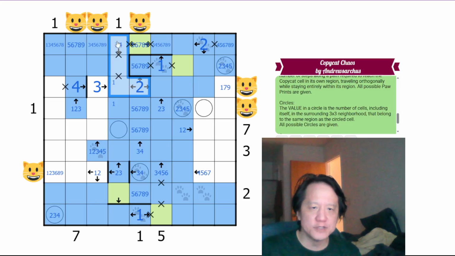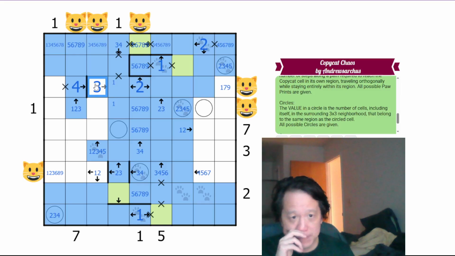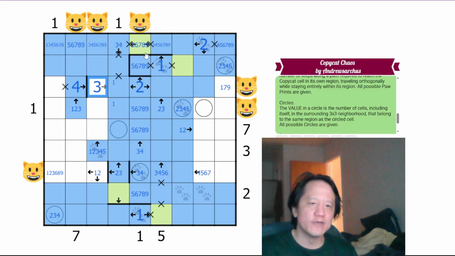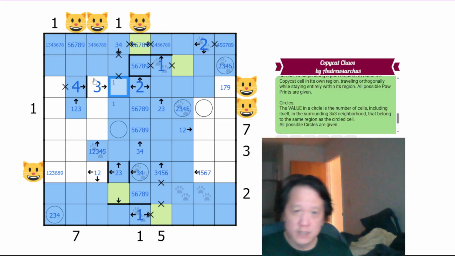If it goes this way, obviously this cannot be Copycat, because we already have a Copycat here. If it goes this way, though, that's perfectly fine.